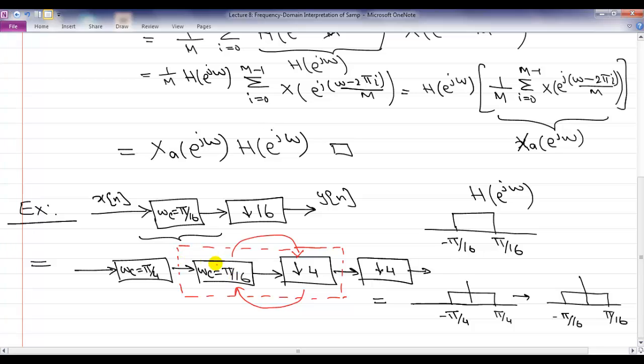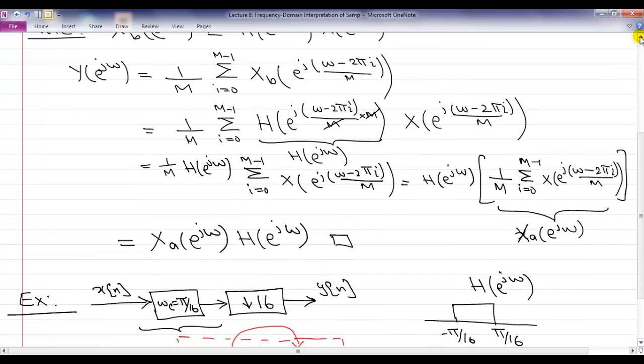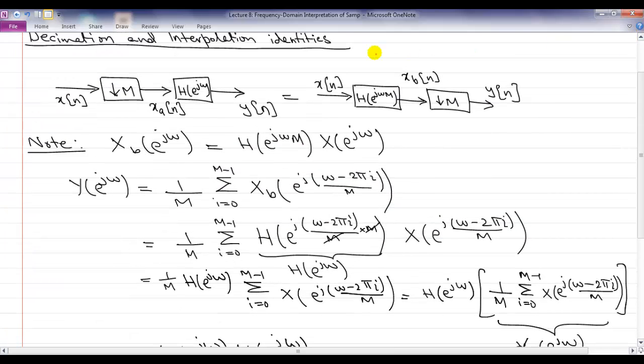So if I want to do this interchange, I want to bring this filter in the front. If you go back and look at the identity again, the filter at the front is related to the filter before the decimation by simply a scaling of the frequency axis. So if I want to bring this filter after the decimation, I must scale the frequencies by a factor of 4.